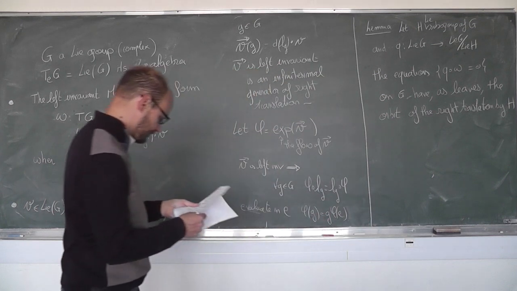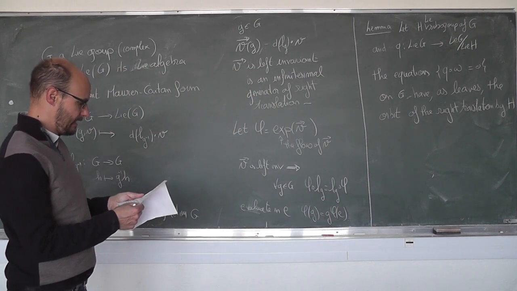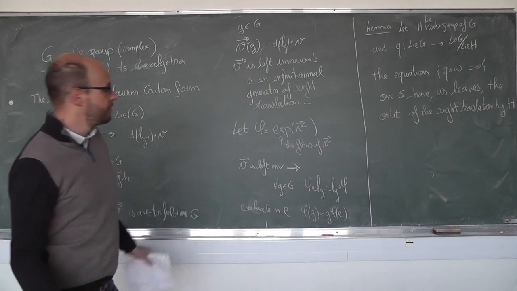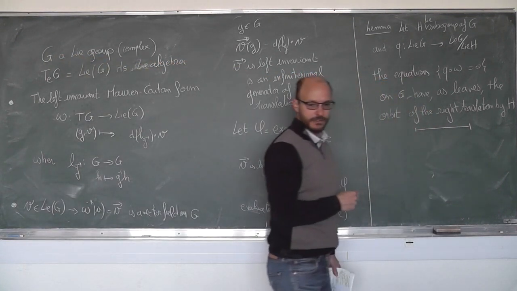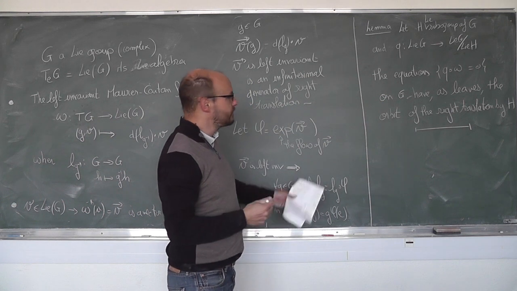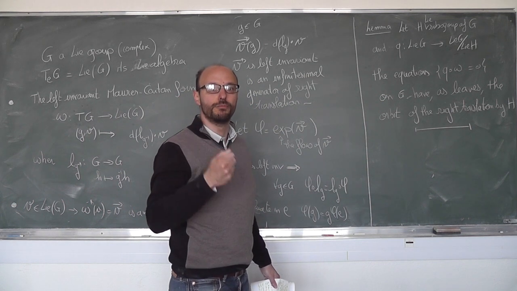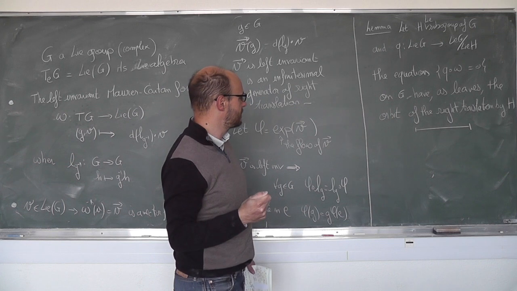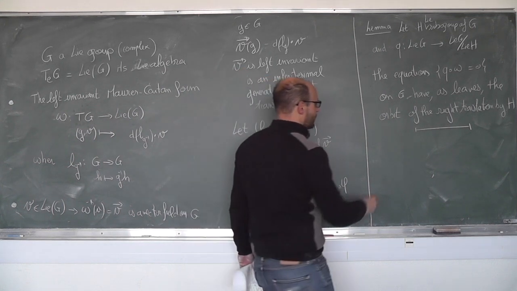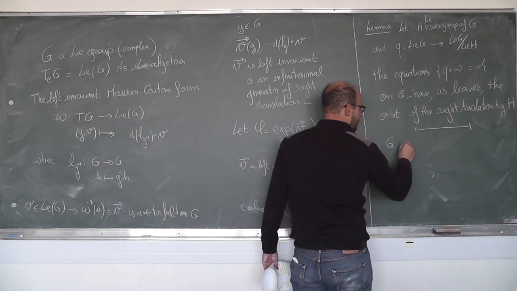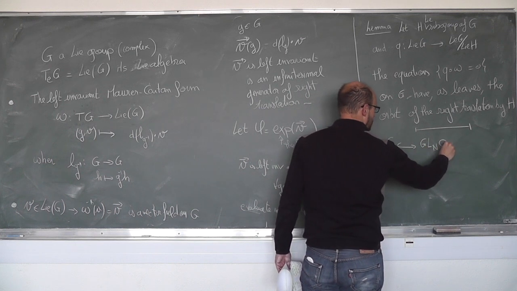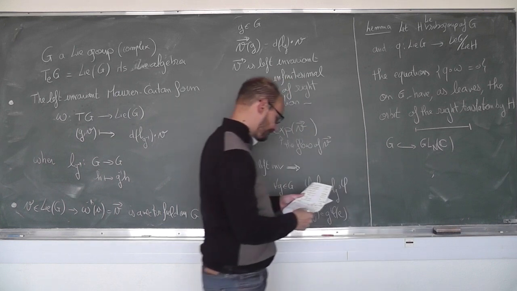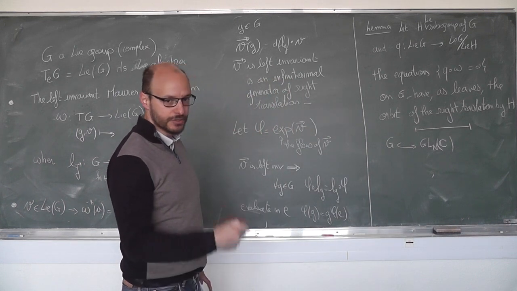Okay? So what is the relation between this and what we are doing? You can do the computation when you have a group of matrices. So if you have G inside GL_n of C, then you can use matrix form.